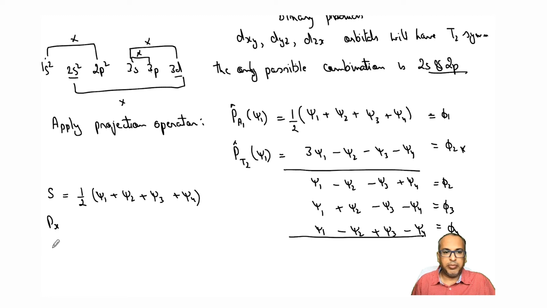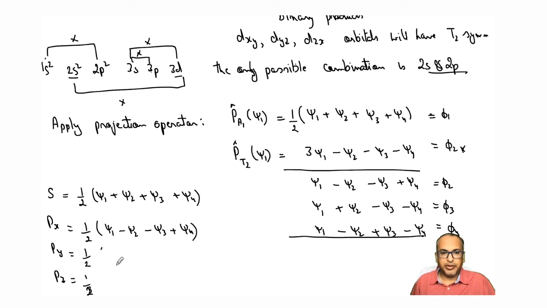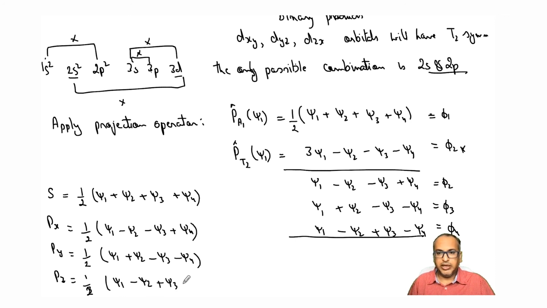Similarly, px, py and pz will have symmetries corresponding to the rest of the 3 phi's, each with 1 by 2: psi1 minus psi2 minus psi3 plus psi4, then psi1 plus psi2 minus psi3 minus psi4, then psi1 minus psi2 plus psi3 minus psi4.